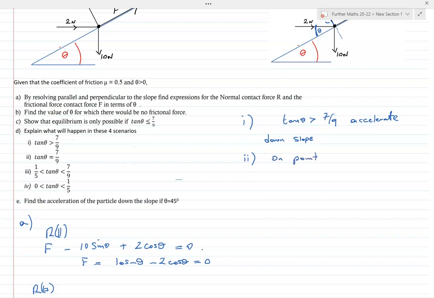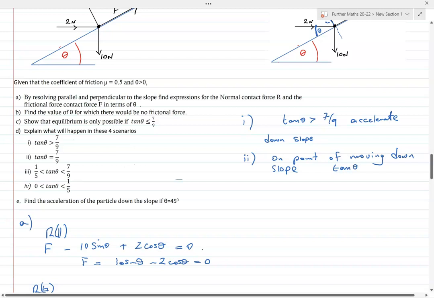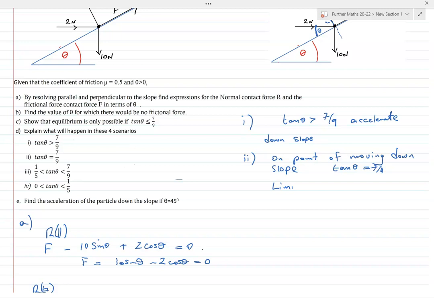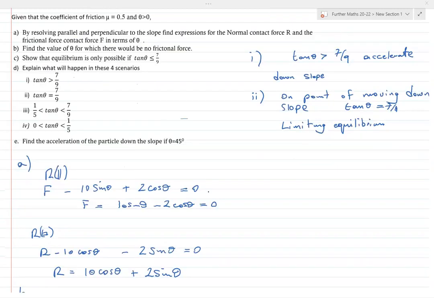So if tan theta equals 7 over 9, it's in limiting equilibrium. So now let us turn to the final 2.